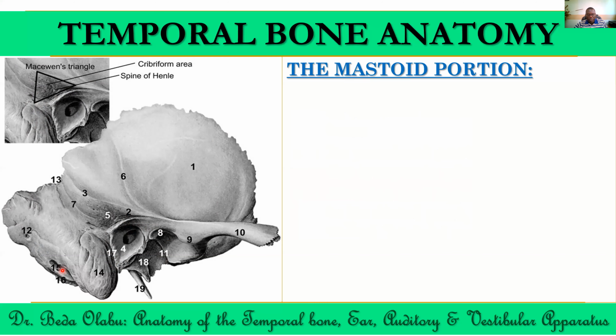That's a bit different from the anterior and the posterior semicircular canals. The orientation of the superior or anterior semicircular canal is almost perpendicular to the long axis of the petrous bone. And then the orientation of the posterior semicircular canal is almost parallel to the long axis of the petrous bone. Now, what are the implications?